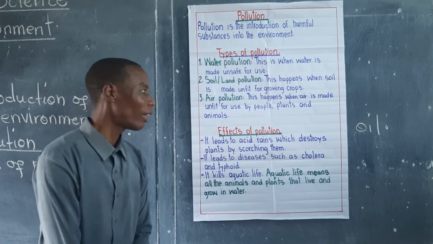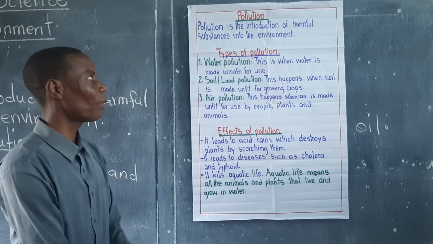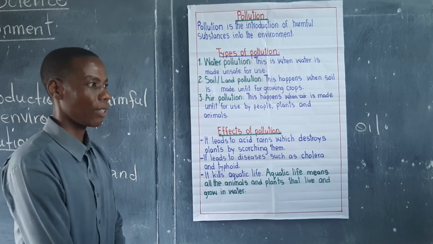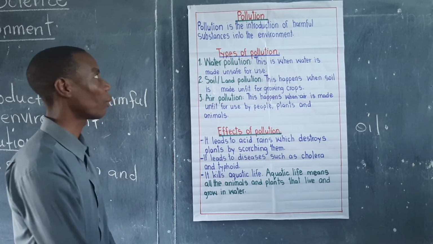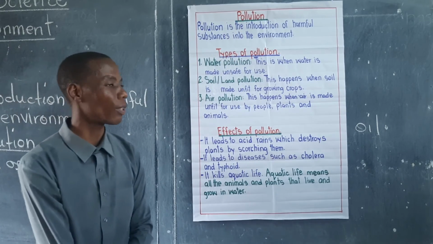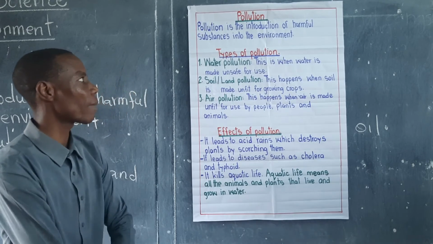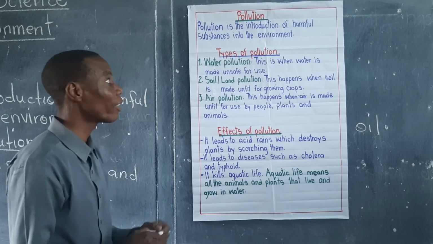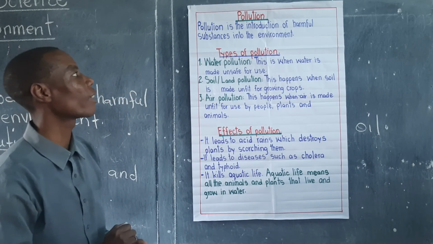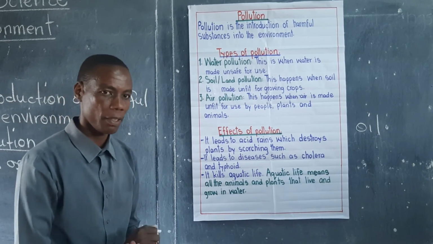Before I go, I want us to go through what we have been discussing today. We've been looking at pollution. We have said pollution is the introduction of harmful substances into the environment.